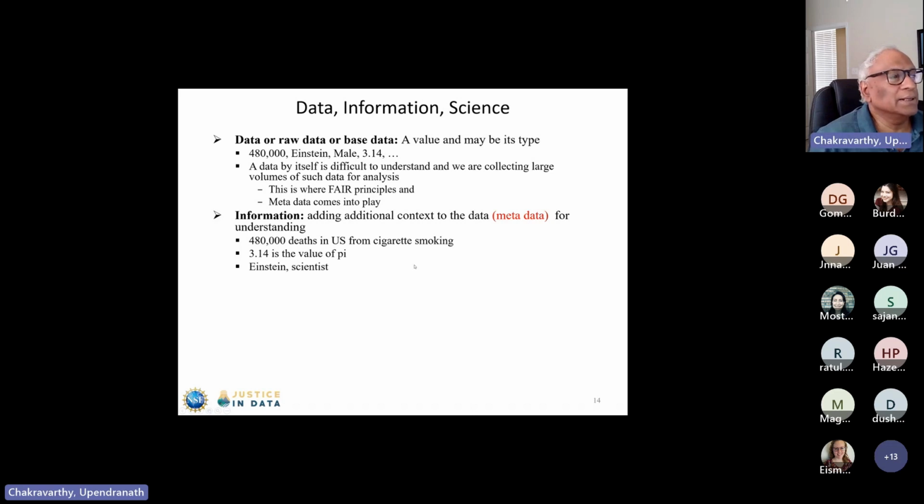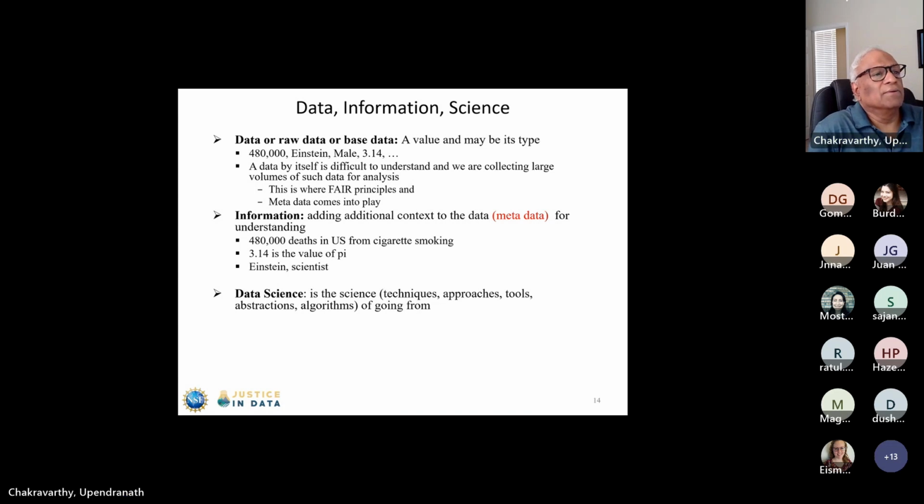Einstein, a scientist, and so on. So you can see that numbers by themselves, whether they are numbers or strings or other things, will not be very helpful without additional information. We will come to this on Wednesday, I think, when we discuss more about metadata.